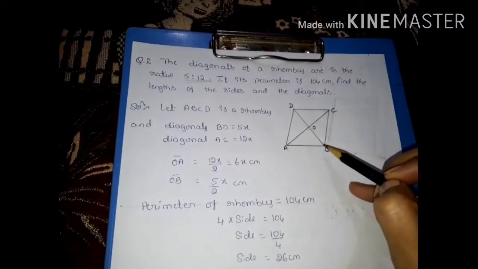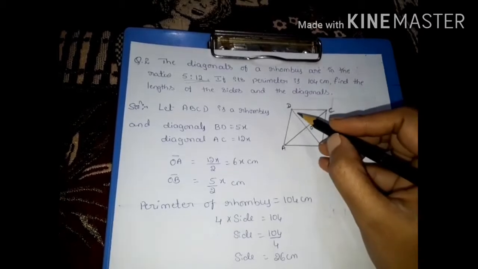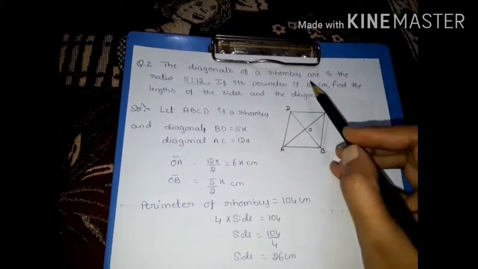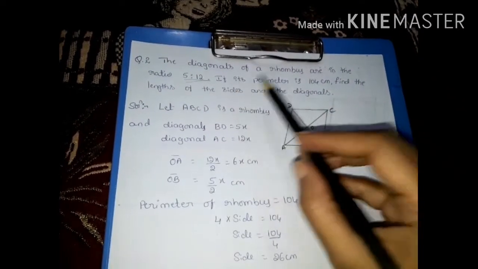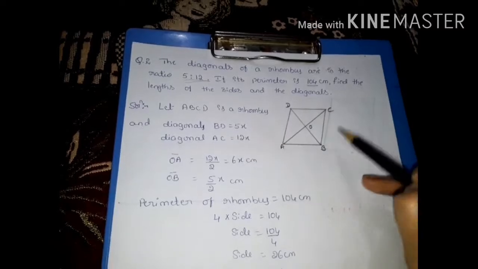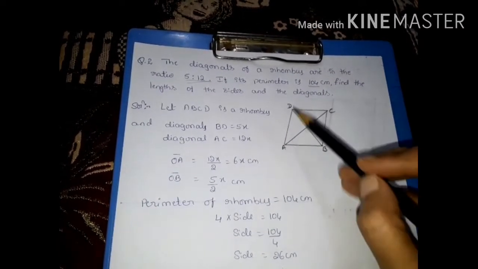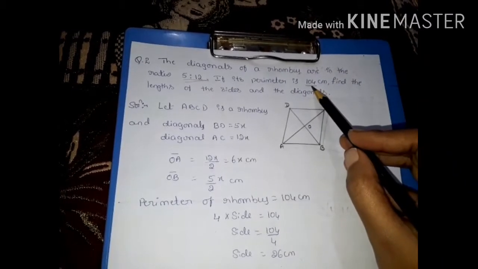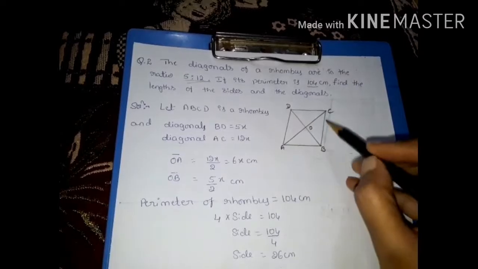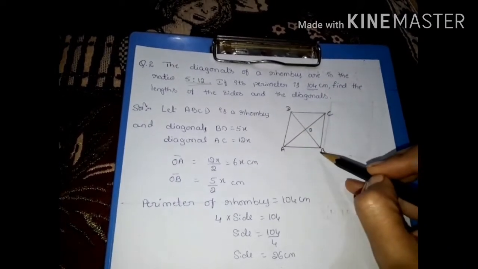Consider BD as 5x and AC as 12x. Also given in the question, its perimeter is 104 cm. Perimeter is nothing but adding all the sides: AB plus BC plus CD plus DA is 104 cm. You have to find the lengths of all the sides and also the diagonals.